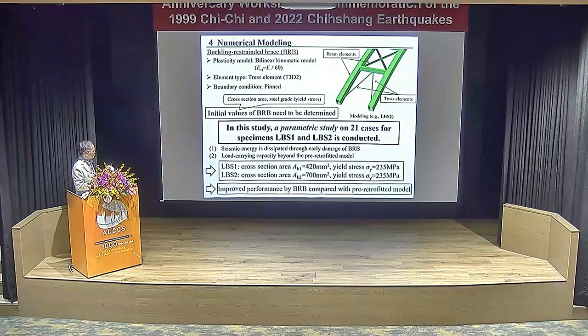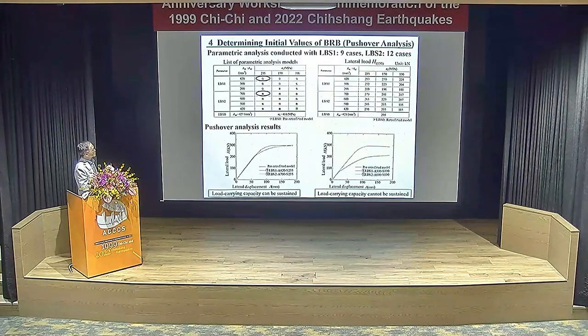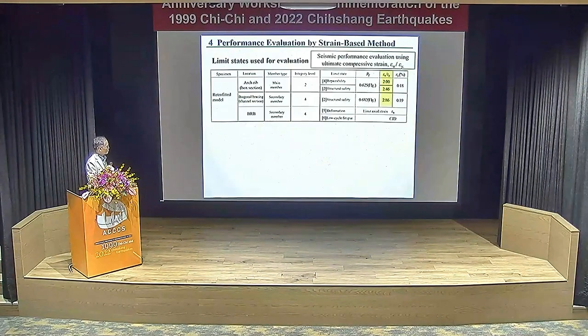And for these purposes, we performed 21 cases, and finally found that such a combination is good. These are the detailed results, and we check the performance of the bridges. Then we also use a similar procedure to perform the performance evaluation.